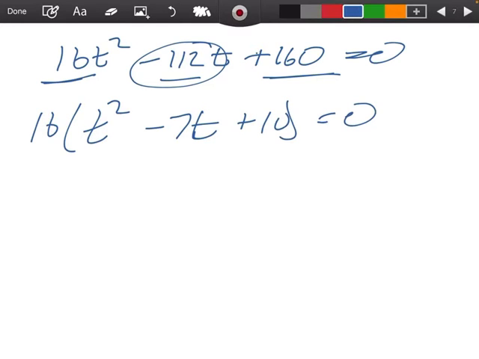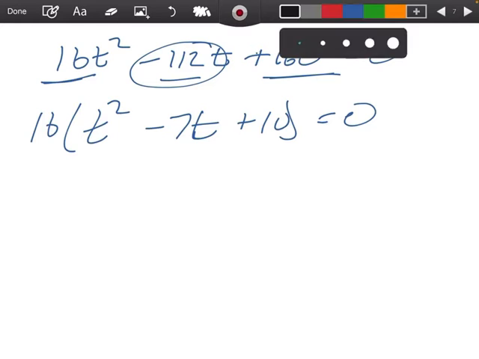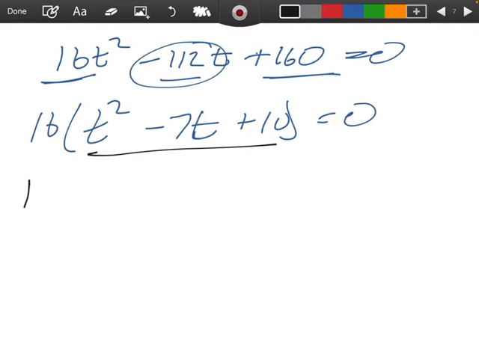Now we're going to go ahead and factor this part right here. Remember, I factored that 16 out, so I'm not messing with the 16, but the number in front of the t squared is a 1, so I can use my shortcut. 1 times 10 is 10.